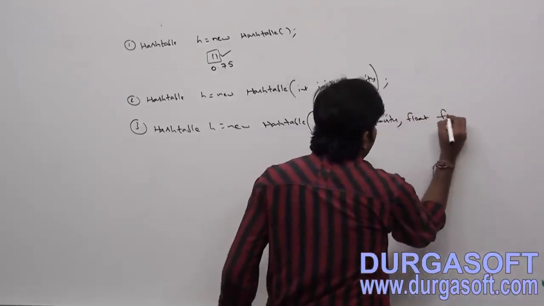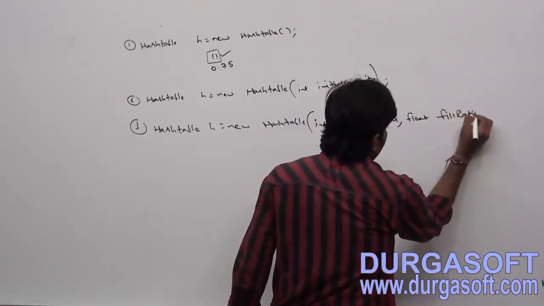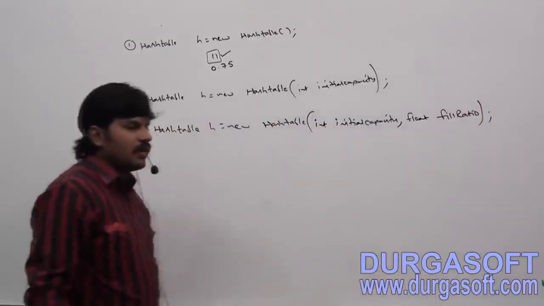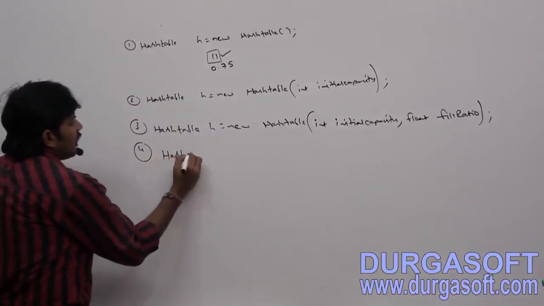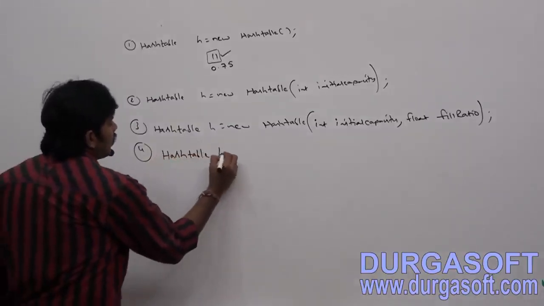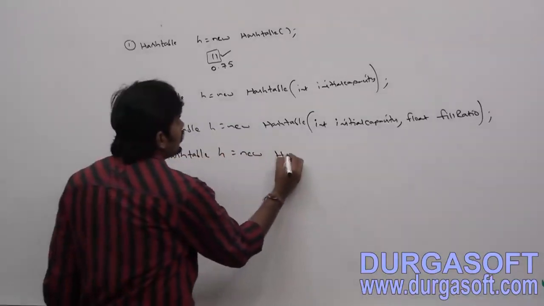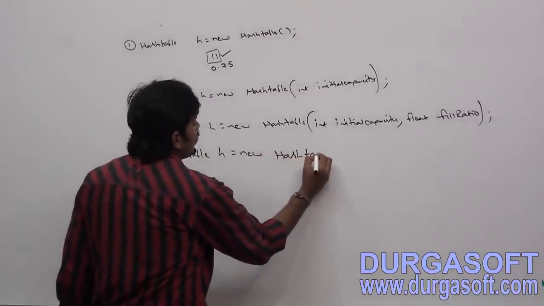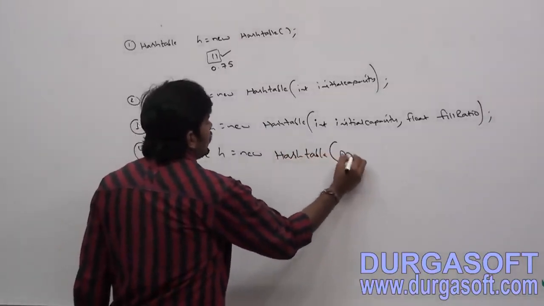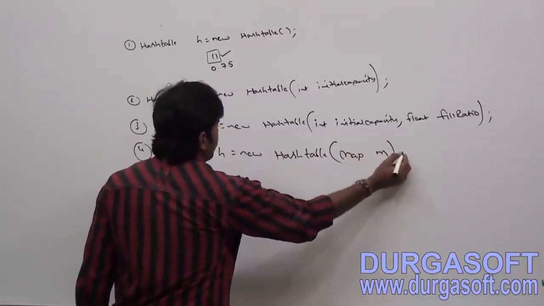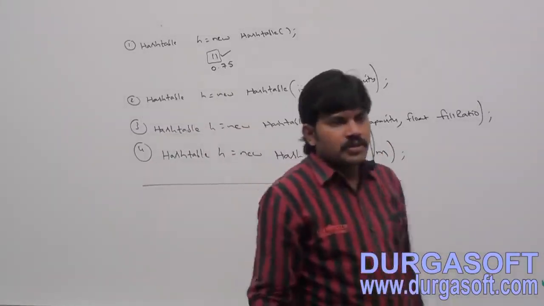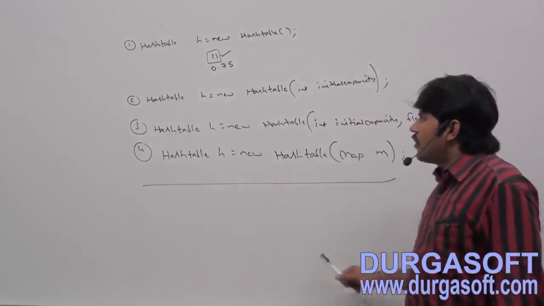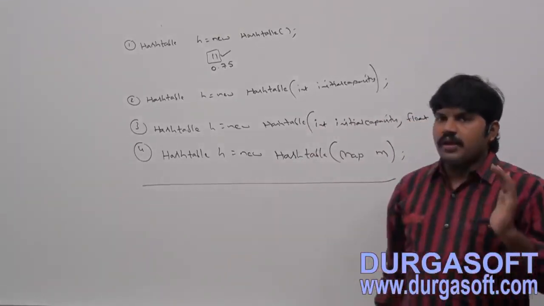Next, hash table h is equal to new hash table of map m. You are getting map m, intra conversion between map objects. These are the four constructors we have in hash table.